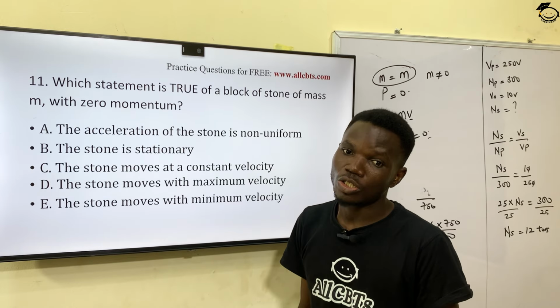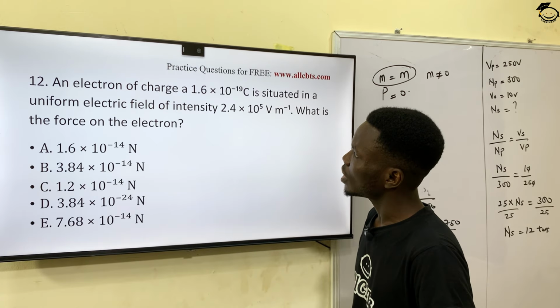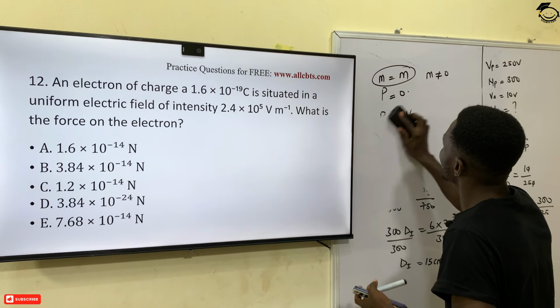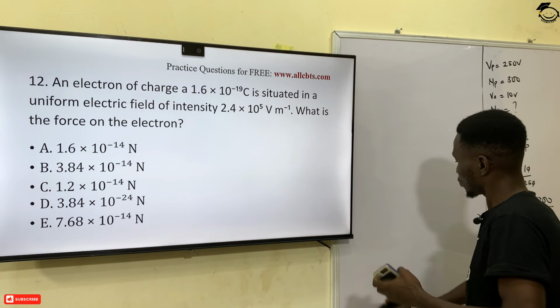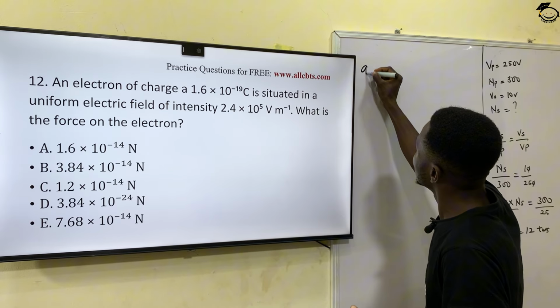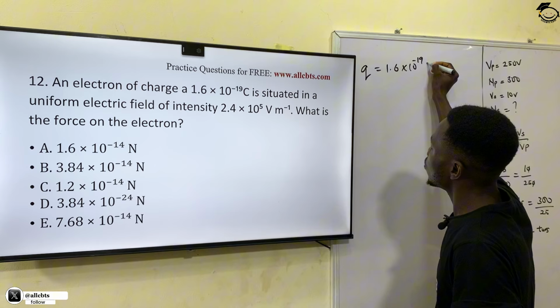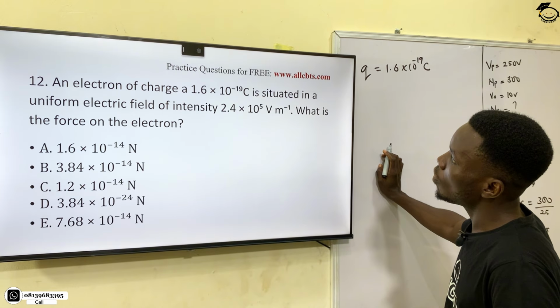So that takes us to question number 12, which says an electron of charge. So we have the charge of the electron given in the question. We have the charge of the electron to be 1.6 times 10 raised to power minus 19 coulomb, is situated in a uniform electric field of intensity.